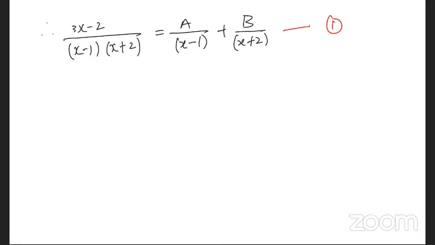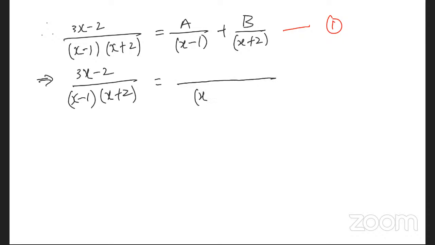We shall simplify this further by taking the LCM. So (3x minus 2) divided by (x minus 1) into (x plus 2). What is the LCM? (x minus 1) into (x plus 2). So in the numerator we can write A into (x plus 2) plus B into (x minus 1).